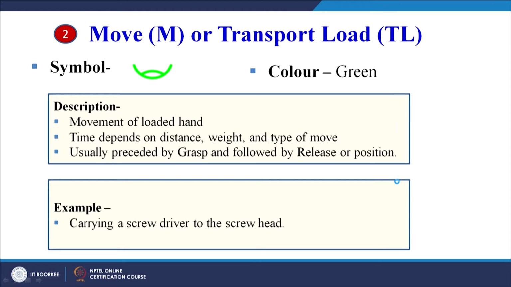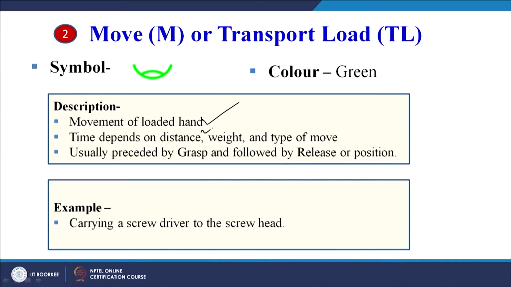The second micro motion is move, or transport loaded. It is opposite to that. Transport empty means the hand is not carrying anything. Transport loaded means the hand is carrying a pen or a pointer or a screw or a nut or a screwdriver, anything. So movement of a loaded hand, time depends on the distance, weight and type of the move. In case of empty it was only dependent on the distance, but when it is loaded it will depend upon the weight that you have lifted and the type of the move also, usually preceded by grasp.